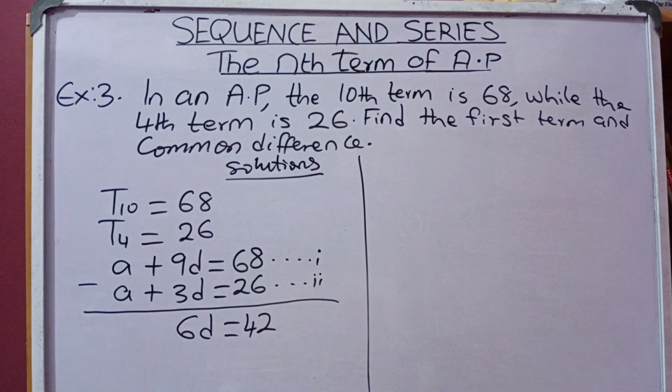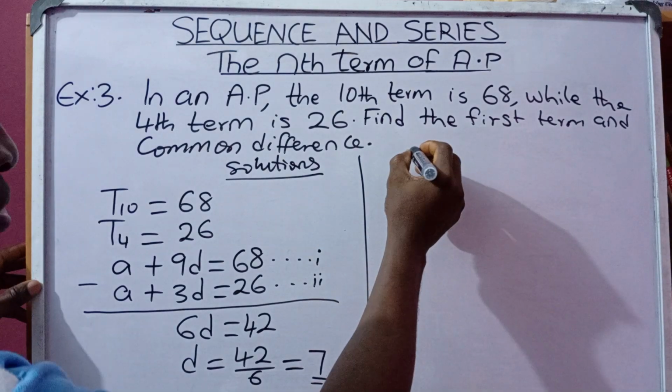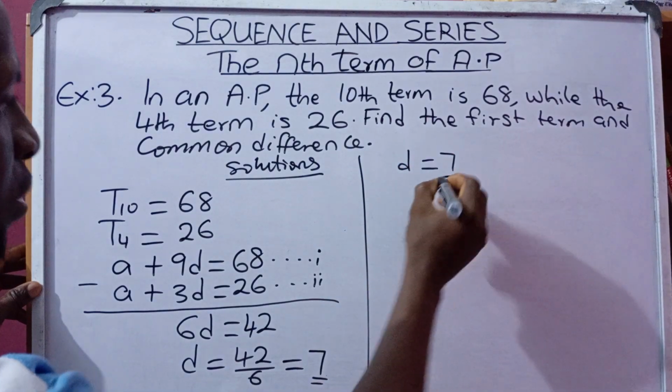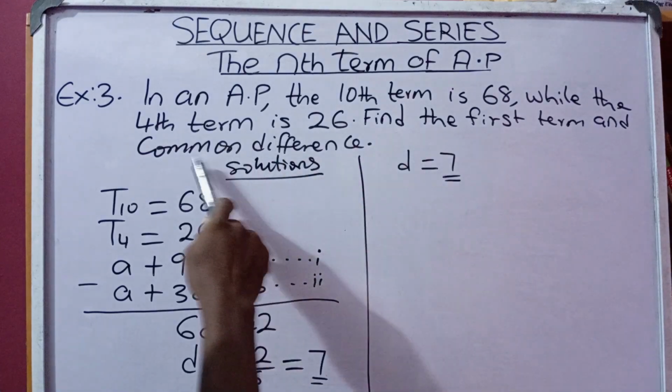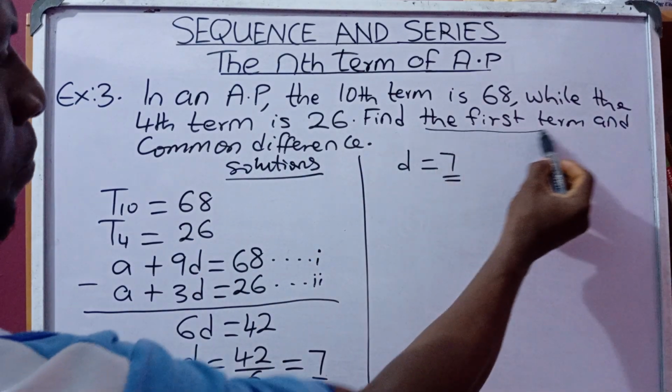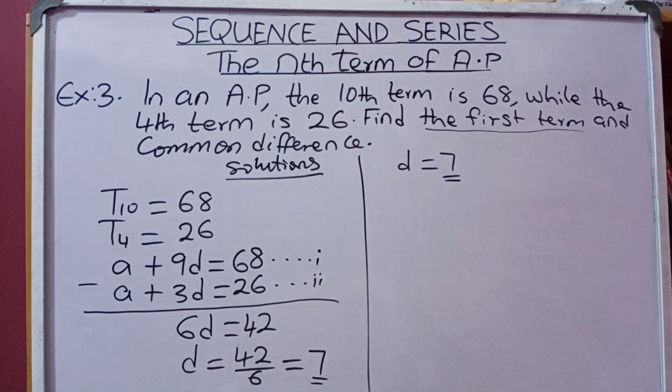Then we divide both sides by the coefficient of D. That will be 42 divided by 6. So the value of our D will be 7. So the common difference is 7. We've gotten the common difference, so it's now left for us to find the first term. Let's get the first term.